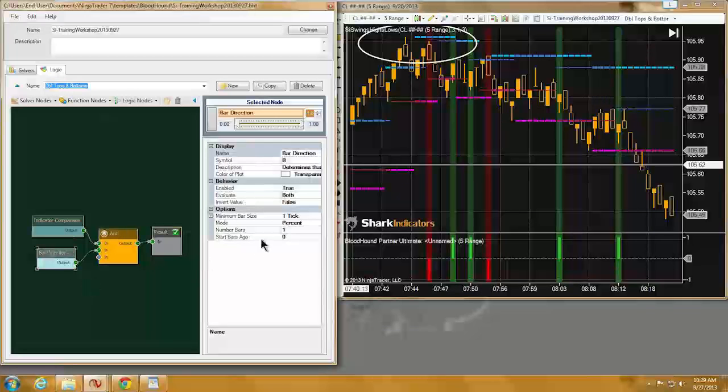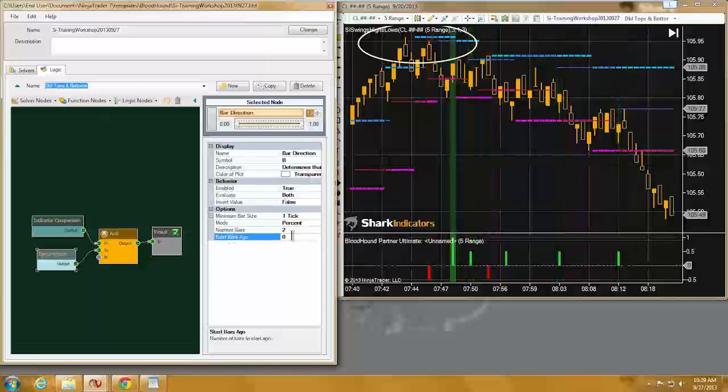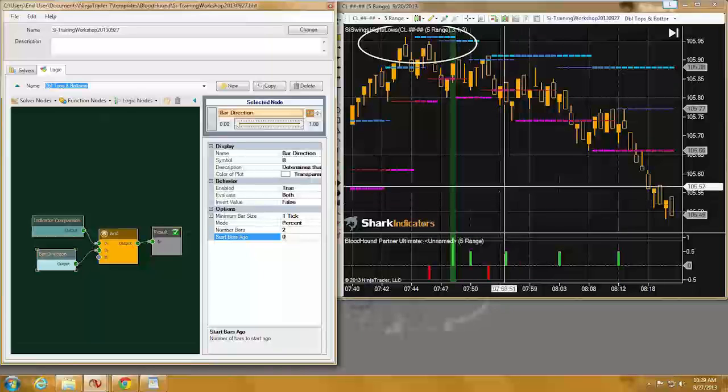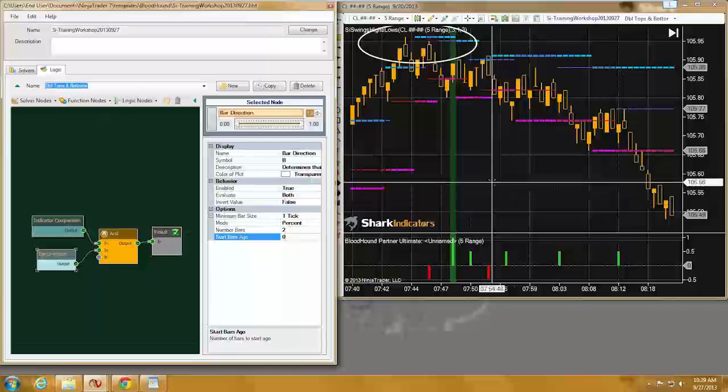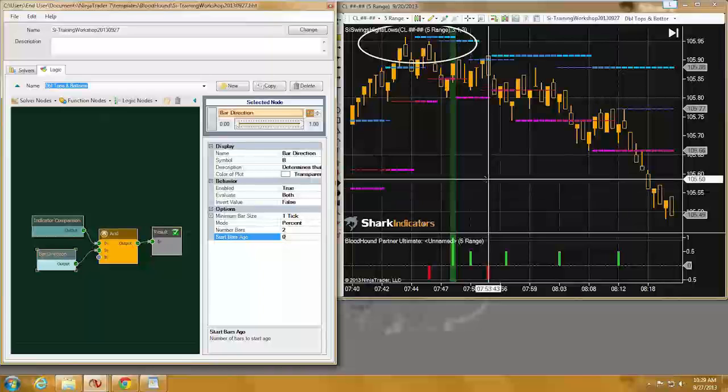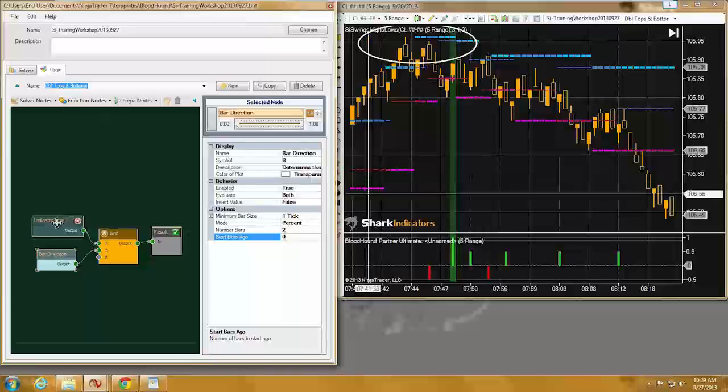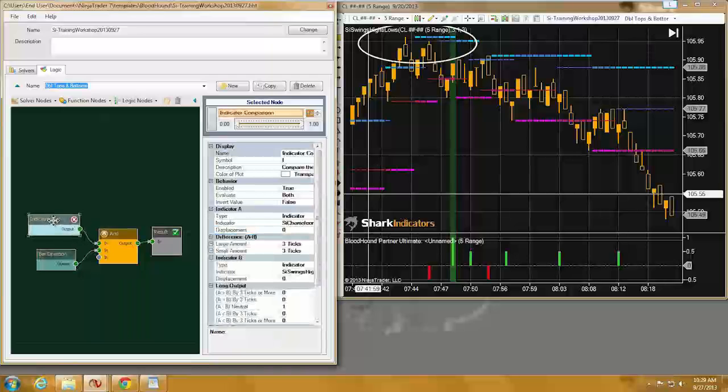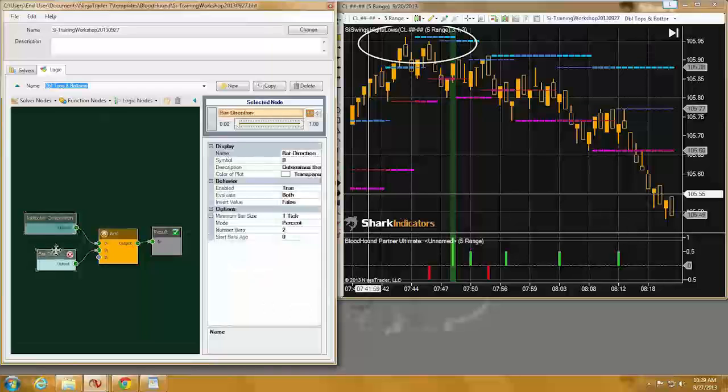That's pretty simple to do. I could just set this to 2, and set that to 2. And you can see that killed all of my signals.